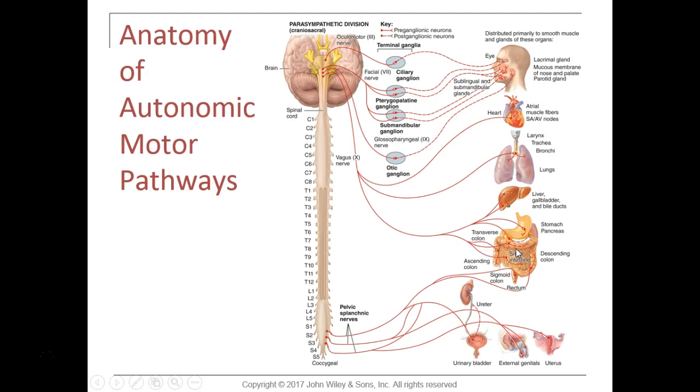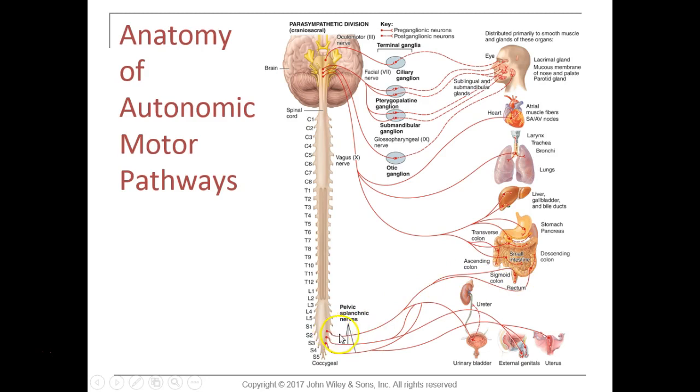And one other thing that we can notice from this picture to the last one, which I'll pull back up, is that the preganglionic neurons in the parasympathetic nervous system are typically much longer and then have very short postganglionic neurons.